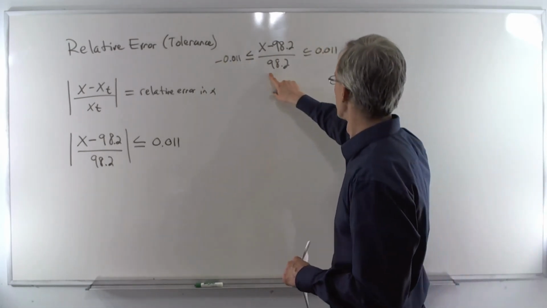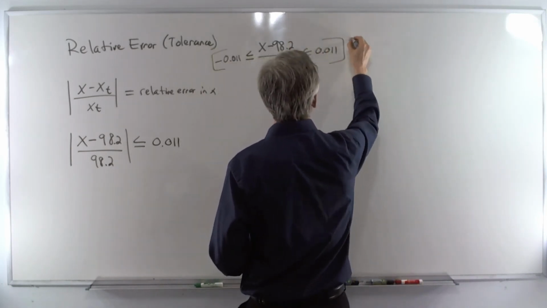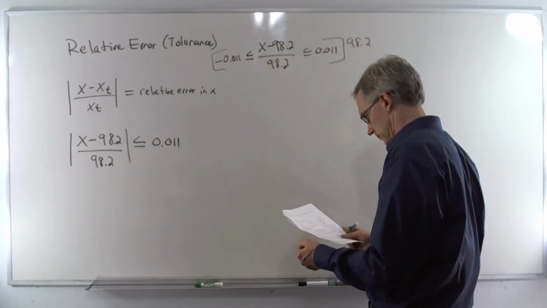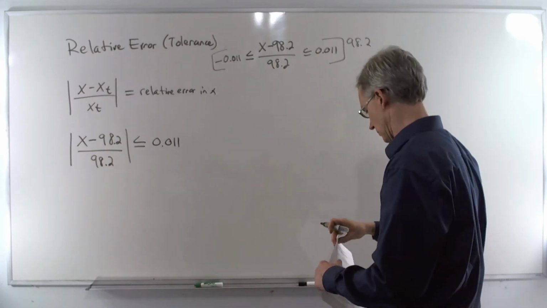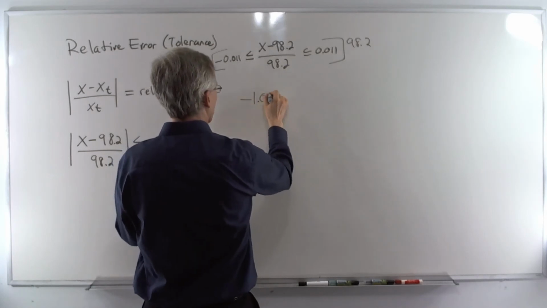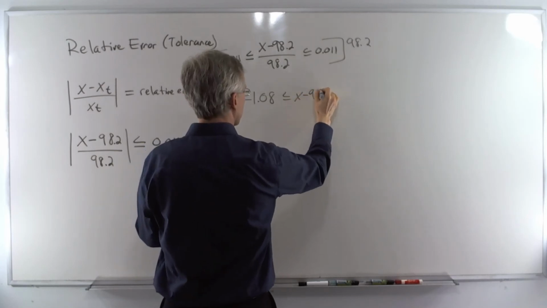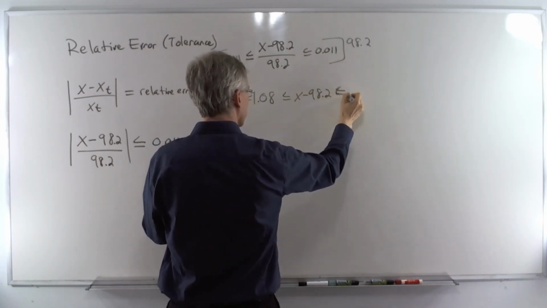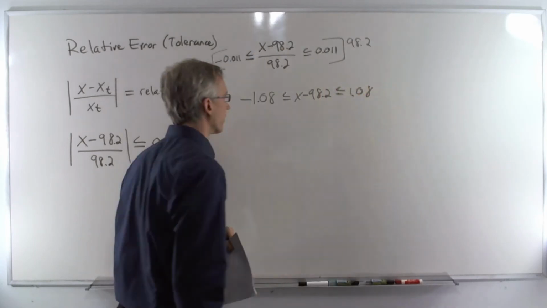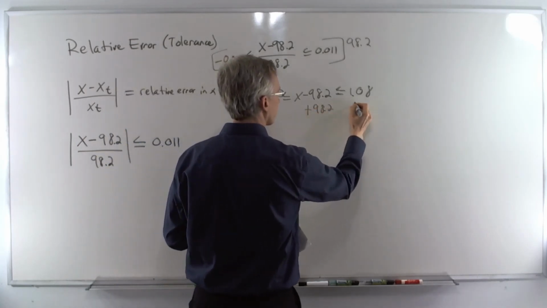We're going to start off by multiplying everything by 98.2, and that'll get rid of the denominator in the middle part. So it gives us negative 1.08 less than or equal to x minus 98.2 less than or equal to 1.08. All right, now, last step, add 98.2 to all three sides.